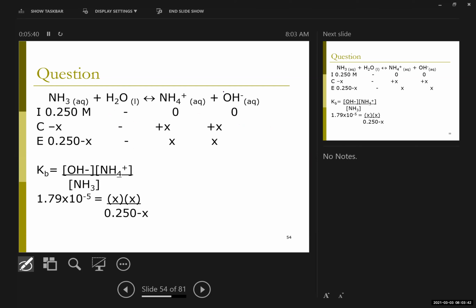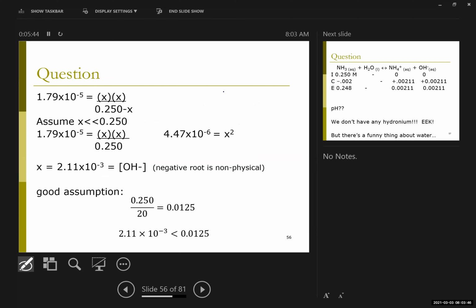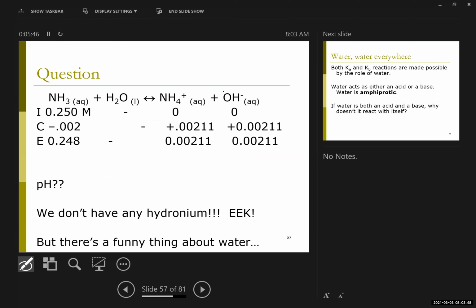We got as far as solving this and plugging the numbers back into my ICE chart. And then we got to attempting to address the issue of what the pH was. And this, again, is where it's helpful, I think, to write things down and label them.